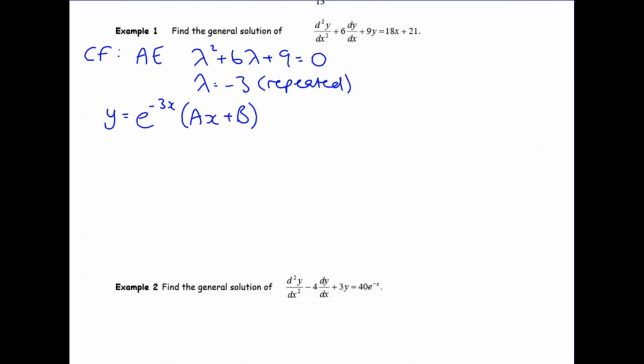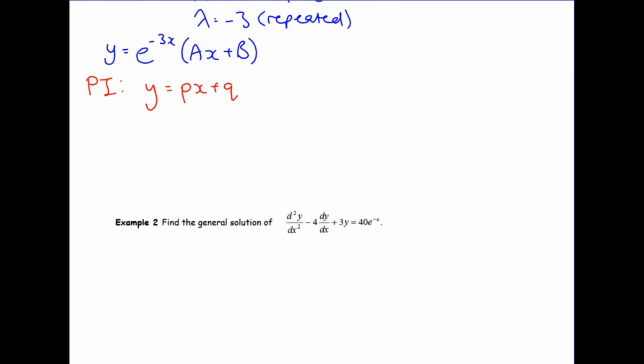Now we're going to do the particular integral. The right-hand side is a linear function, so my particular integral is also going to be a linear function. So I'm going to put px plus q. Even if I just had 18x, I'd still need to include the plus q in there. I'm going to differentiate this twice. That gives me p, and the second derivative goes to 0.